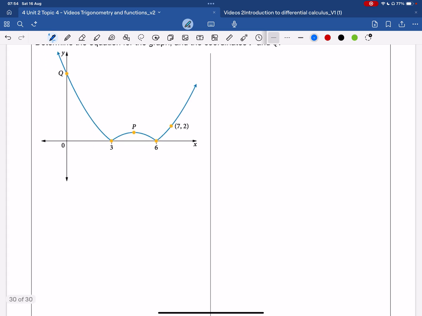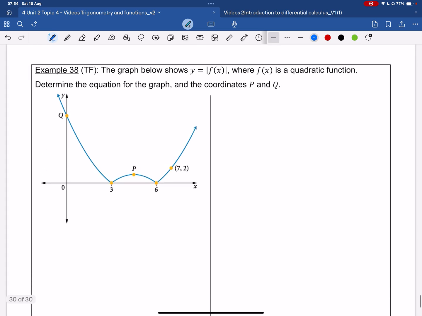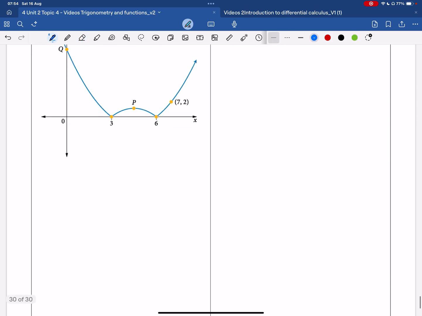Now we've been told that our original function was a quadratic, which is good because we can use that information to help us to find the form. And because I've been given x-intercepts, it makes sense to use x-intercept form. So let's go. In the form y is a (x minus x1)(x minus x2).